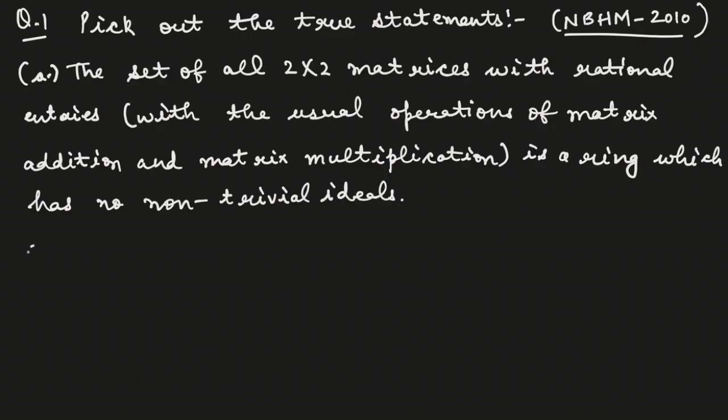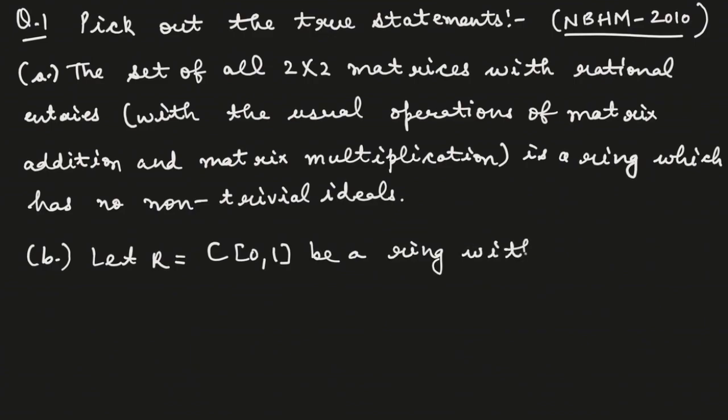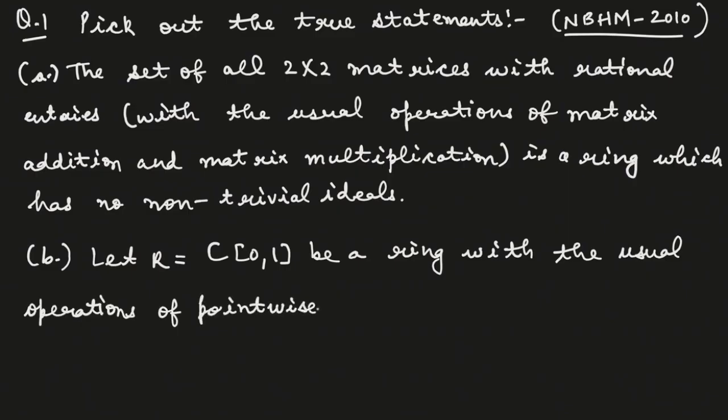B part: let R equal C[0,1] be a ring with the usual operations of pointwise addition and pointwise multiplication.